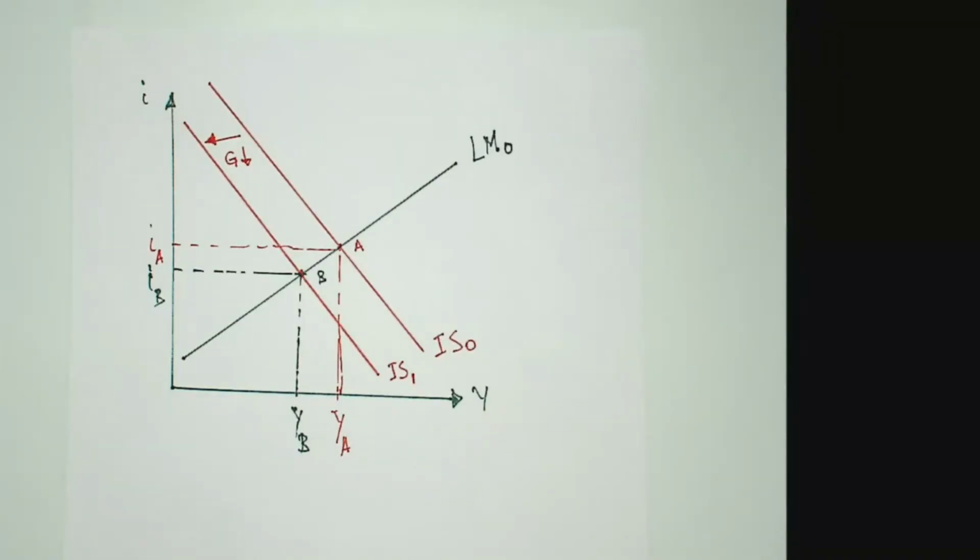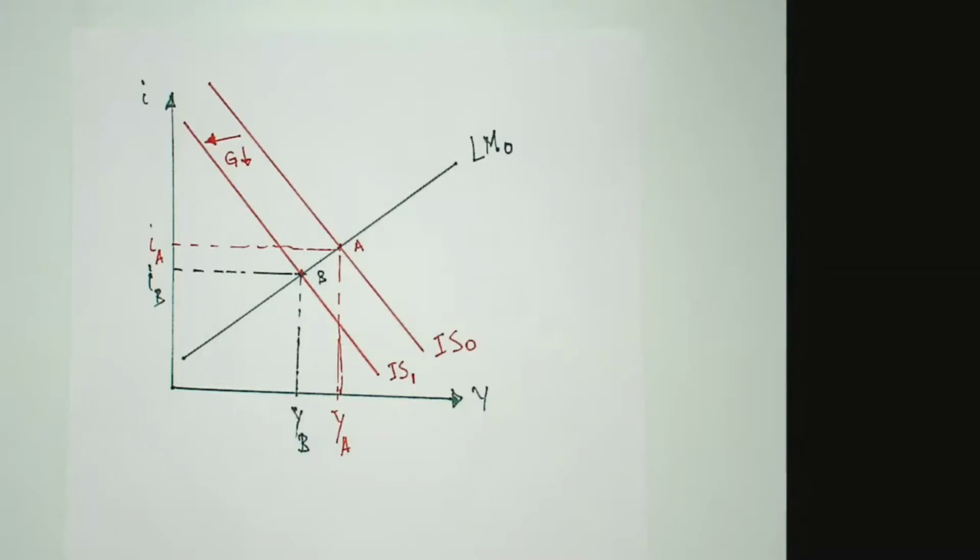So we keep the figure, and the central bank has the money supply as an instrument to counter this contractionary fiscal policy.